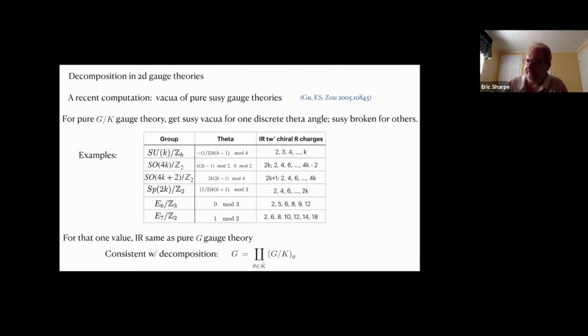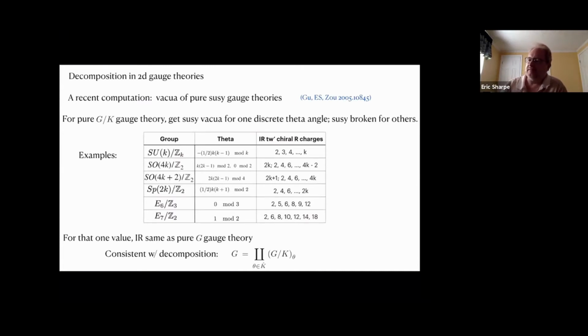Decomposition does not uniquely predict which theta angle. It doesn't even distinguish other choices. For example, it might have been that the vacua appearing at that one discrete theta angle were actually spread over multiple different discrete theta angles. Nothing about decomposition said they all have to lie in just one, but this is just a structural result.